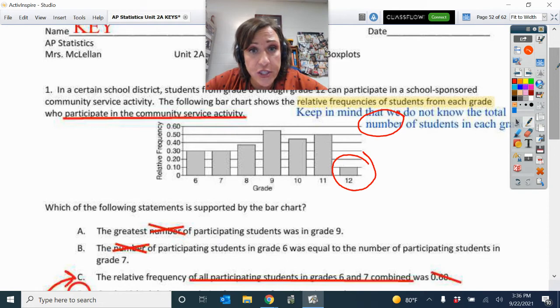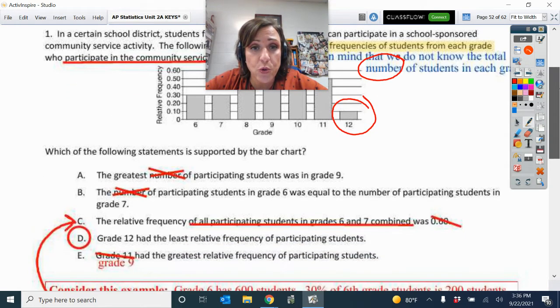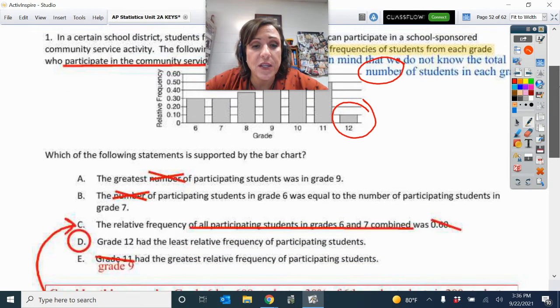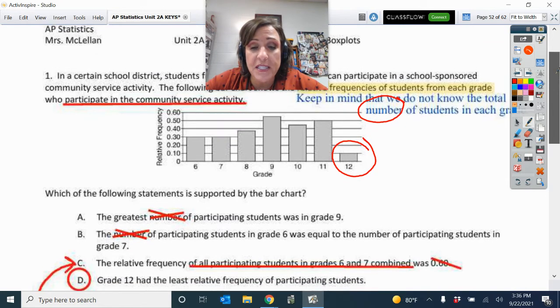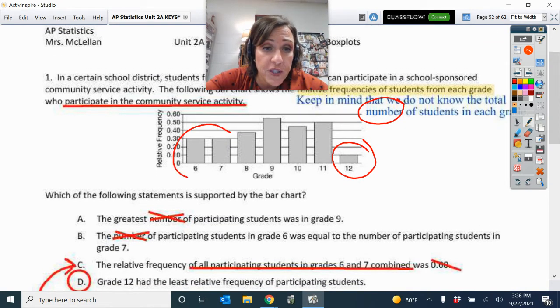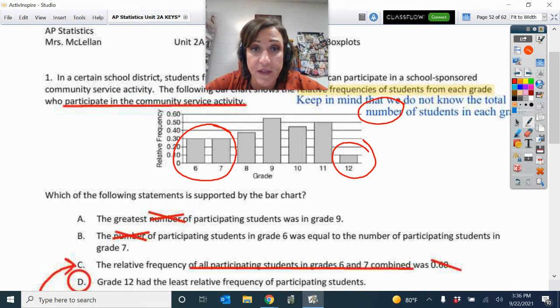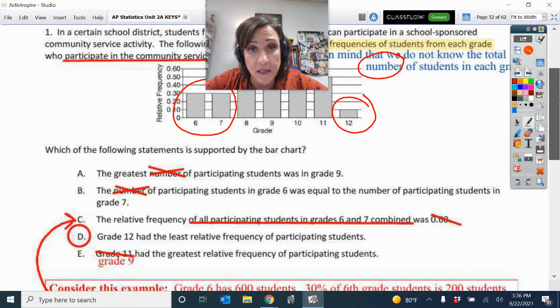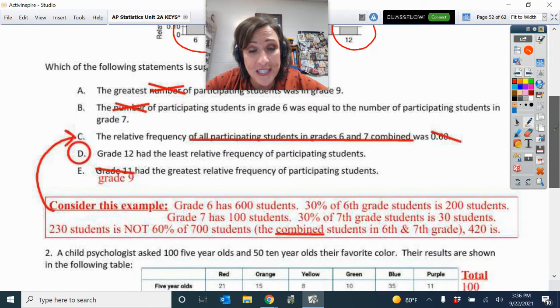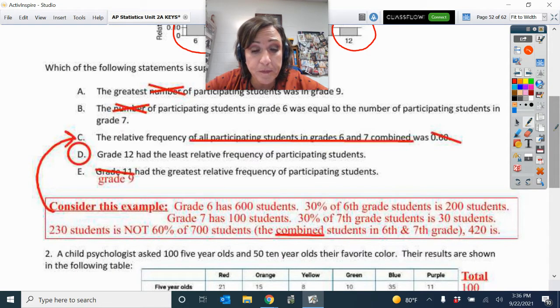Now, a lot of students wanted to say answer choice C, that the relative frequency of all participating, if you totaled up the students in 6th and 7th, then 60% of the total students in 6th and 7th are participating because they did 30 plus 30%.